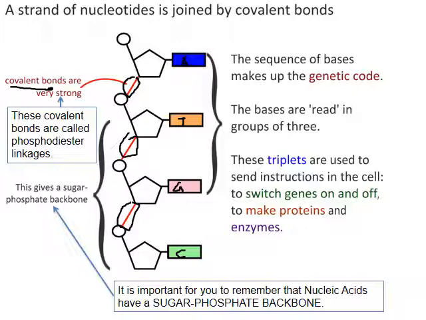We need to be able to read that sequence, and in your body you have some enzymes that need to be able to read that sequence to make some messenger RNA to then go on and make a protein, which we'll talk about later. It's a complex process in its own right. One thing to remember for now is that if you were looking at, let's say, 100 A, T, G, and Cs all repeated in a DNA sequence, there is some order to the way we read that, and they're grouped into what we call triplets.